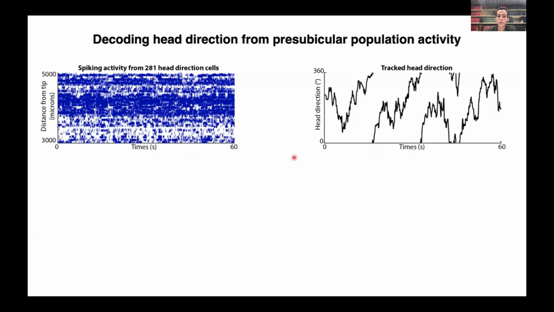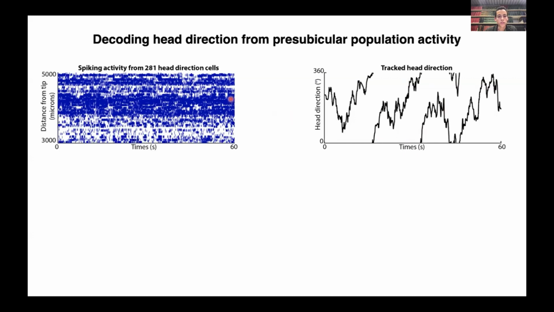And our task now is to decode the head direction from this raw spiking activity. And a couple of things to note about this problem is that we're trying to decode a continuous one-dimensional circular variable. And this is quite well sampled in not so long time, and makes the problem a bit easier.